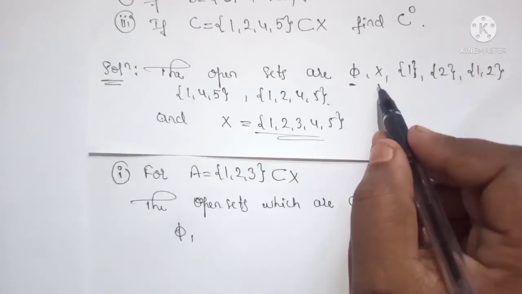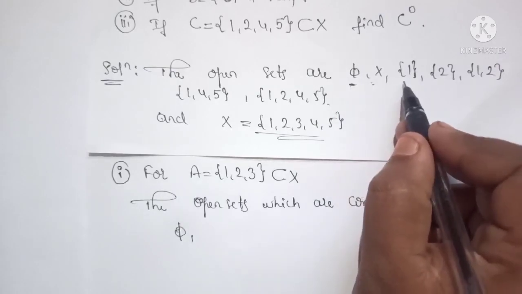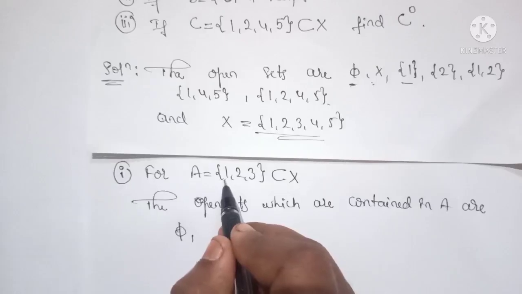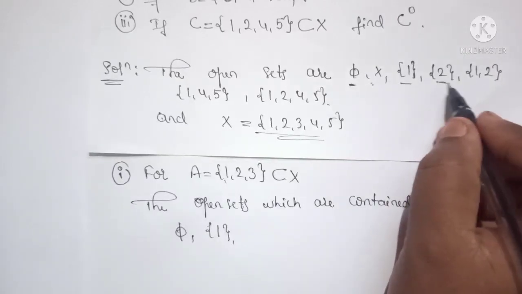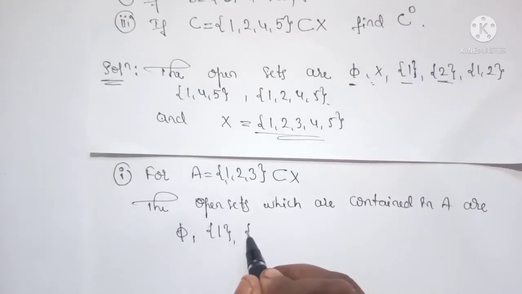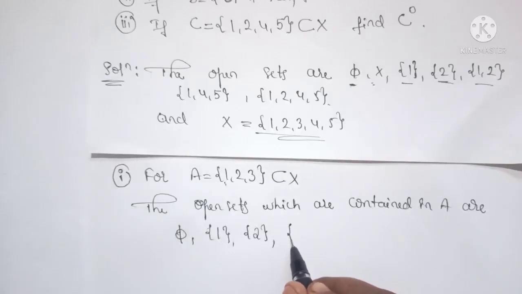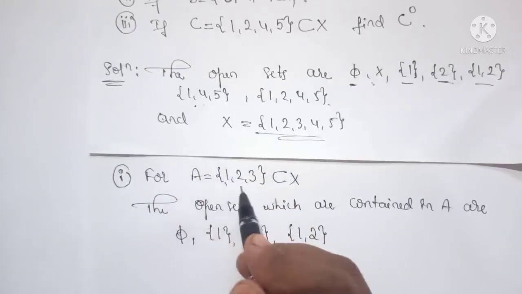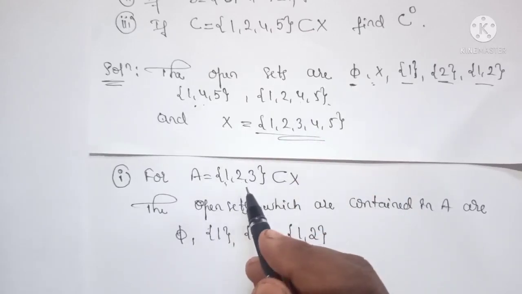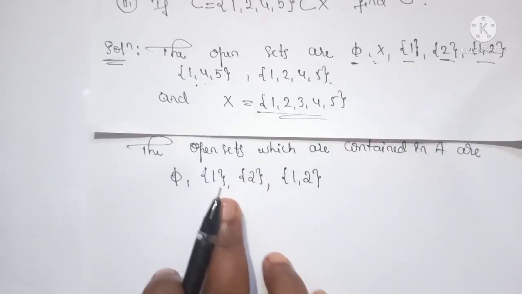Second, X does not belong because X is not a subset of A. 1 is a subset of this A because 1 belongs to A. You can observe that 2 is also a subset of A, so we write 2, and 1 comma 2 is also a subset of A. But you can observe that 1 4 5 is not a subset, and this set is also not a subset. So only these are the open sets which are subsets of A.